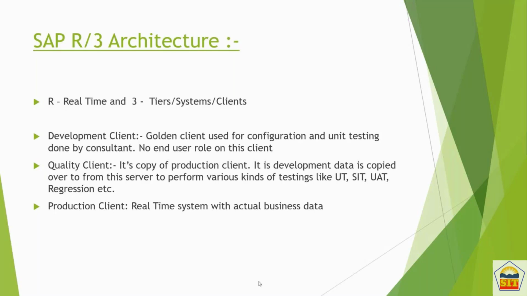Why? Because the configuration is available only on this client. Configuration means if I need to make some changes in the standard process, I will be able to make those changes. Why? Because for that standard process change, SAP has already provided a solution. So I will apply that standard solution in the development system.